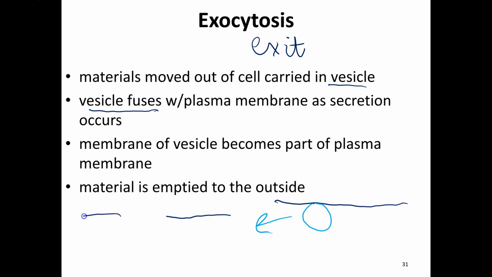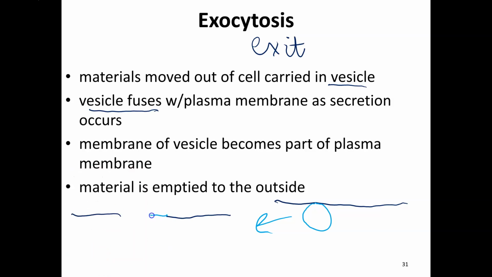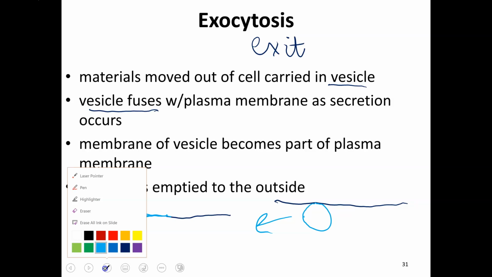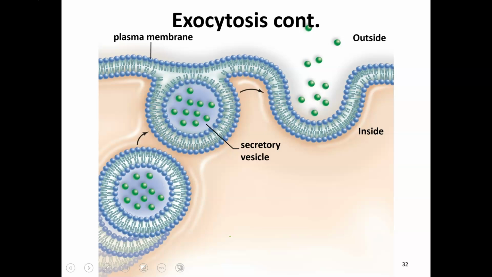And so if this is the same plasma membrane, we add on this new color right here from this membrane. So it becomes part of that plasma membrane, and the materials, let's just put some green materials in it, right? We have these little green blobby things that are the molecules. Those green blobby things are released outside of the cell. And that's exocytosis.